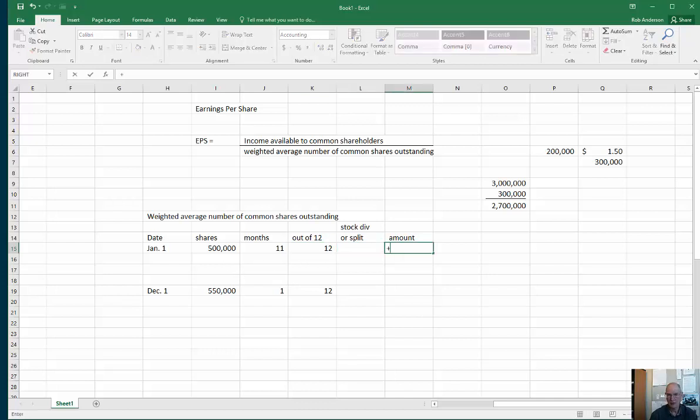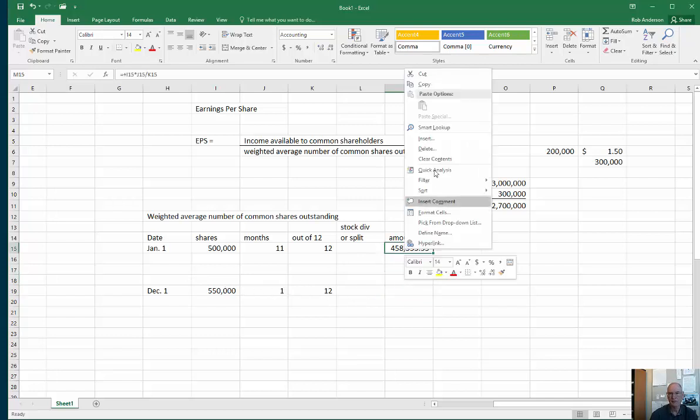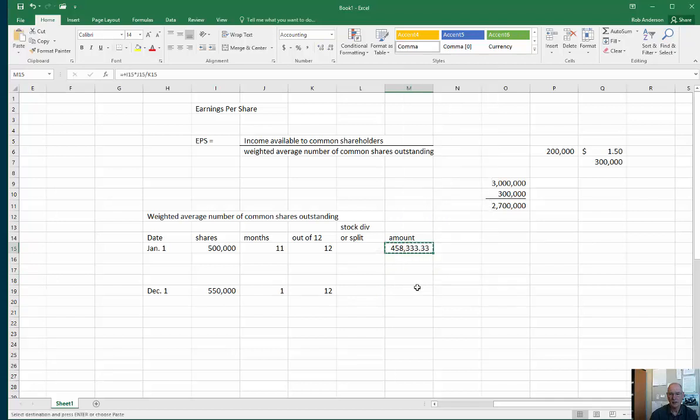We would take our 500,000 times 11 months divided by 12 months, and the weight would be 458,333. Then we would take the same thing, and I'm just going to copy this because we're going to take this times 1 divided by 12, and this last month is weighted like that.